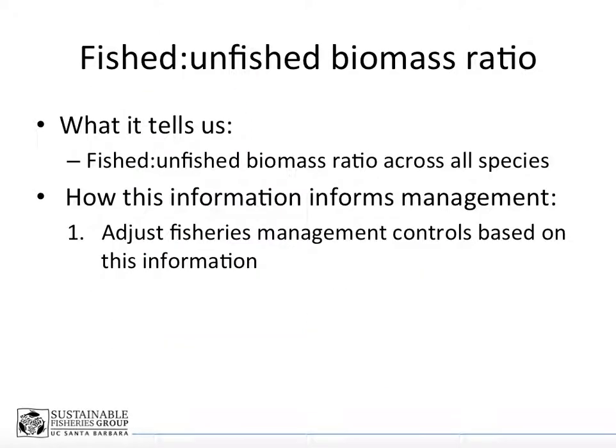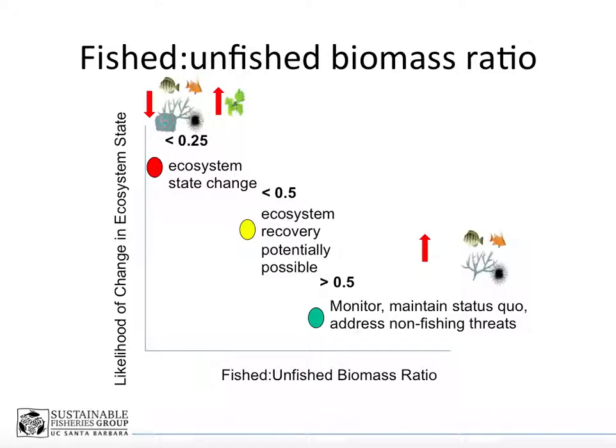Now, what's the theory behind the fish to unfished biomass ratio? So the general theory is that as this ratio decreases, the ecosystem is more likely to go into a shift, an ecosystem state change. So on the x-axis, we have the fish to unfished biomass ratio, and on the y-axis, we have the likelihood of ecosystem state change.